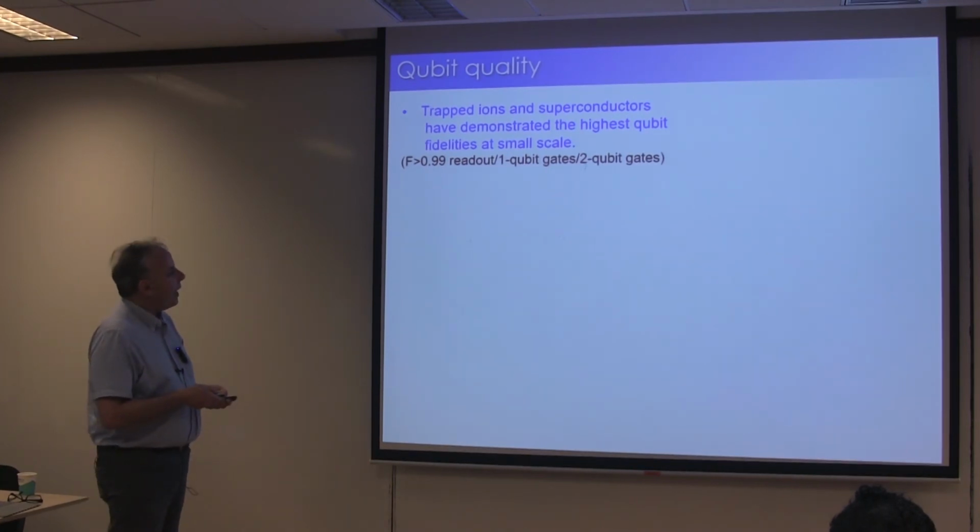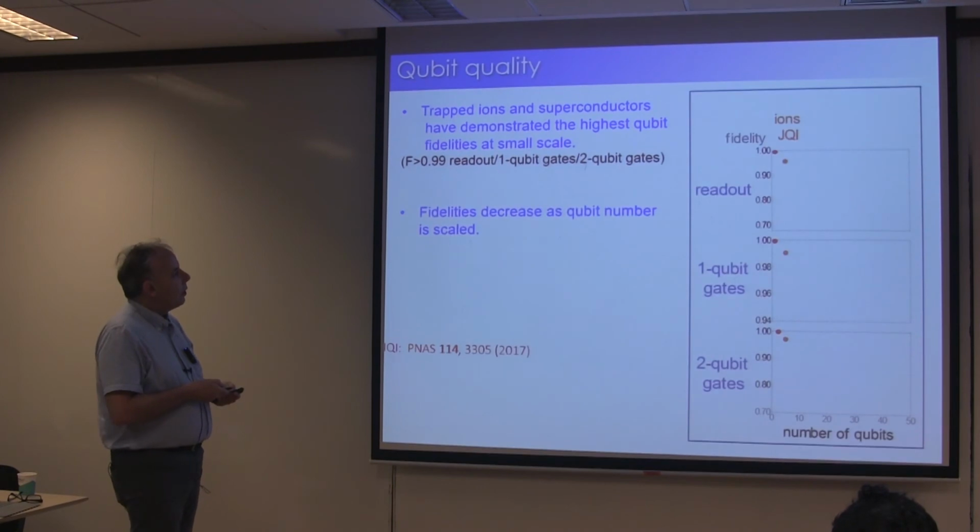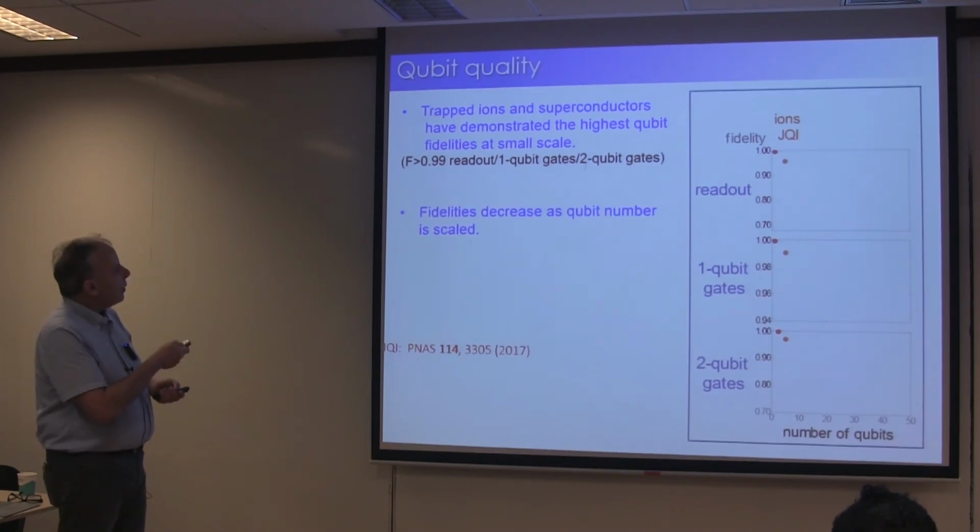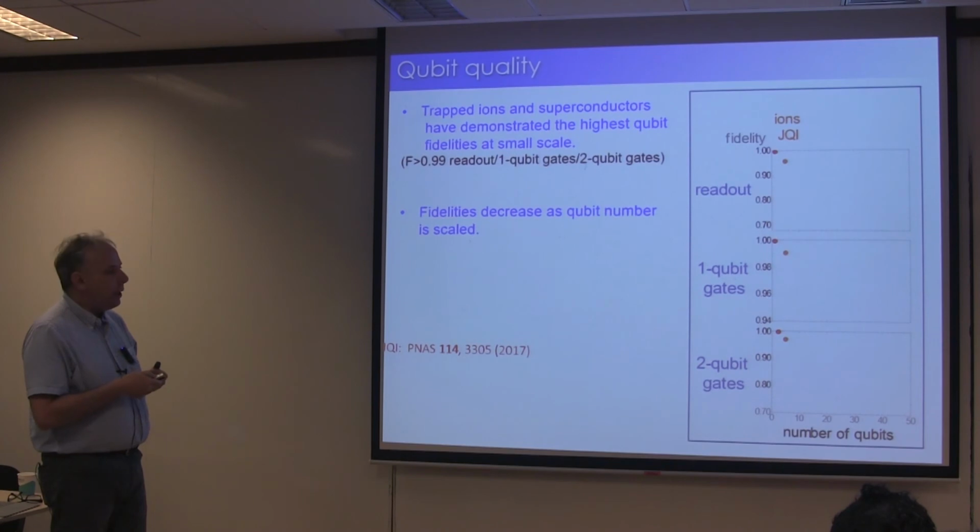That's probably not the case. It's interesting to look at how the fidelities have scaled as these different technologies have gone to larger numbers. Ions and superconductors have demonstrated very high fidelity for readout and 1 and 2 qubit gates at small scale, but as they've scaled up, things have degraded somewhat.